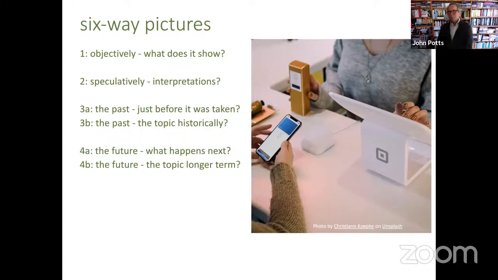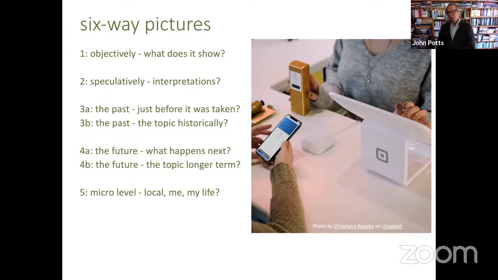Yeah, more online. Okay. So you can see now we're starting to explore the different dimensions: the objective, the speculative, the past in 2 different ways, the future in 2 different ways. Here's the 5th dimension, the micro level.